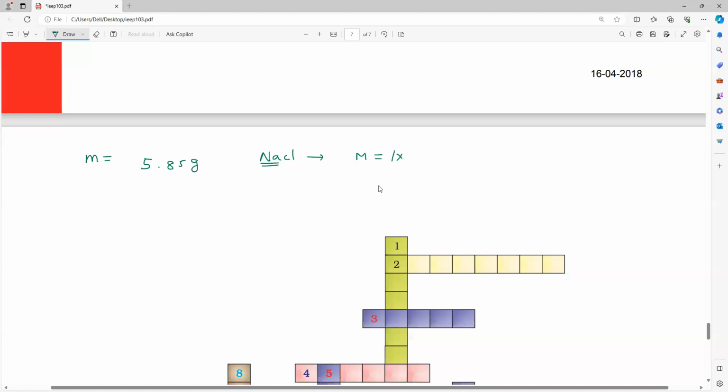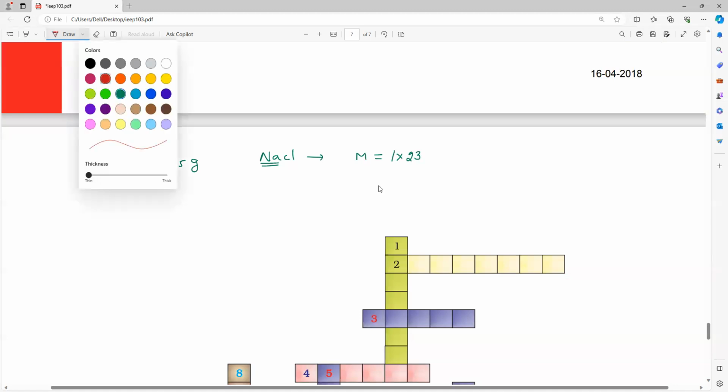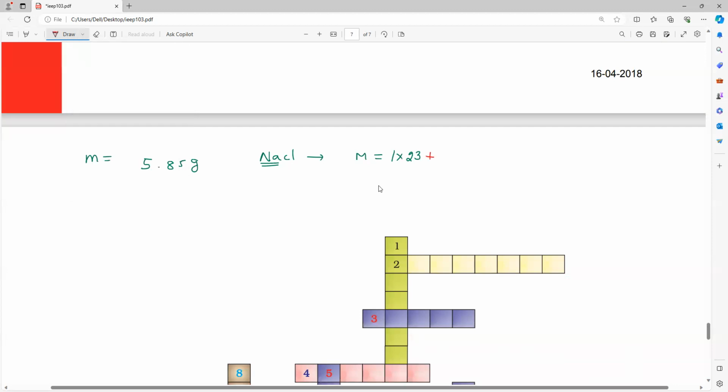Number of atoms of sodium, 1. What is the atomic mass? 23 plus chlorine is 1 into 35.5, which is equal to how much in total? 23 plus 35.5 equals 58.5.